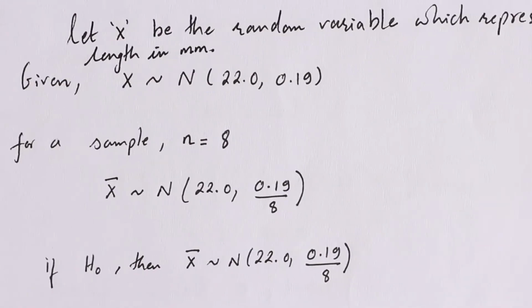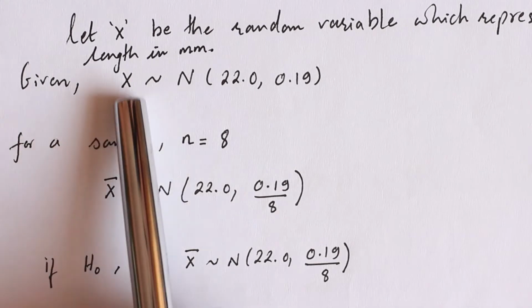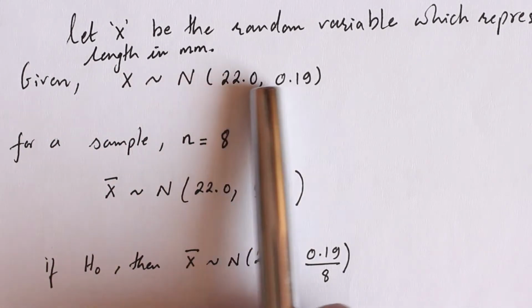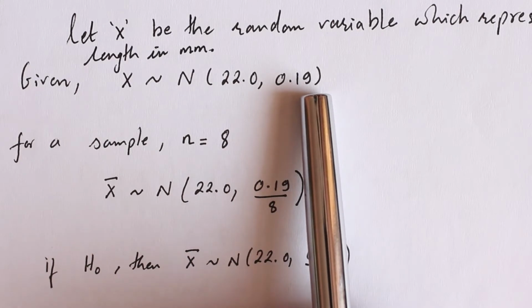Then we know that X is normally distributed where the mean is 22.0 and the variance is 0.19.